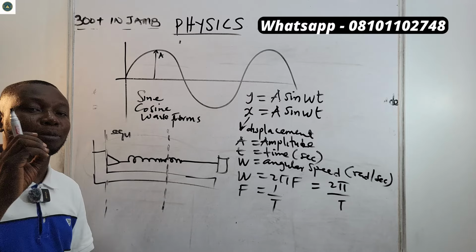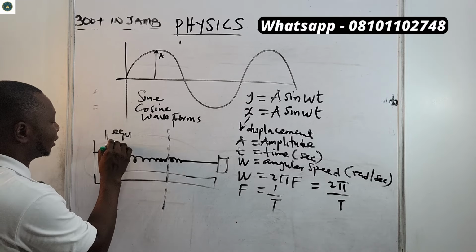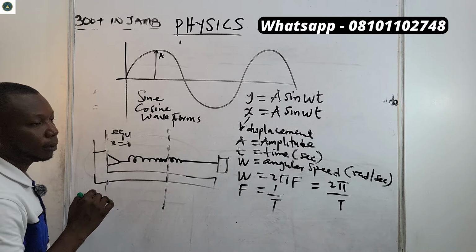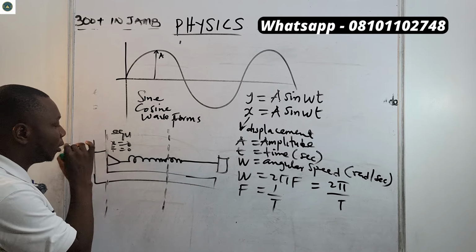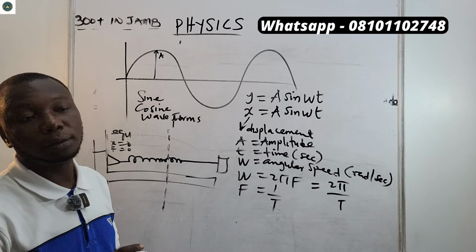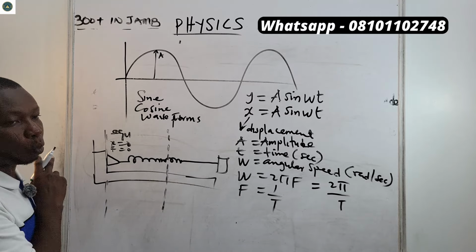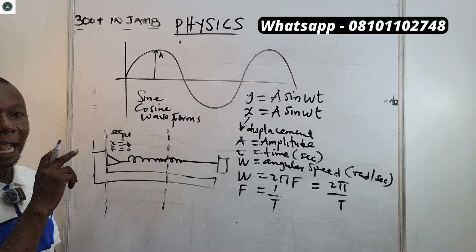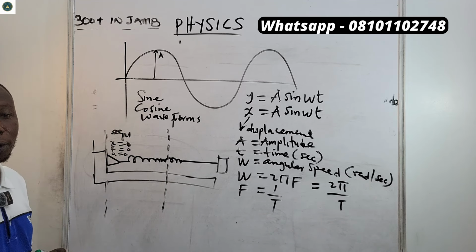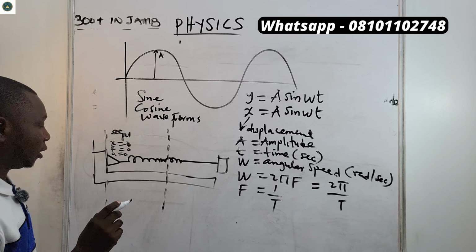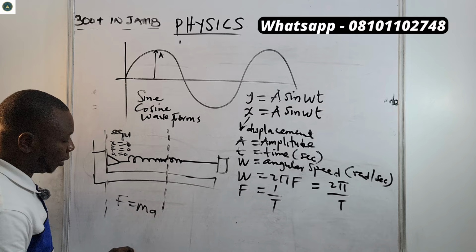Now, in the absence of restoring force, the distance is 0. When the restoring force is 0, that means F is 0, displacement will also be 0. There is no force. Now, when displacement is 0, what comes to your mind also? Acceleration will be 0. Remember from Sir Isaac Newton's second law, we said F equals ma.